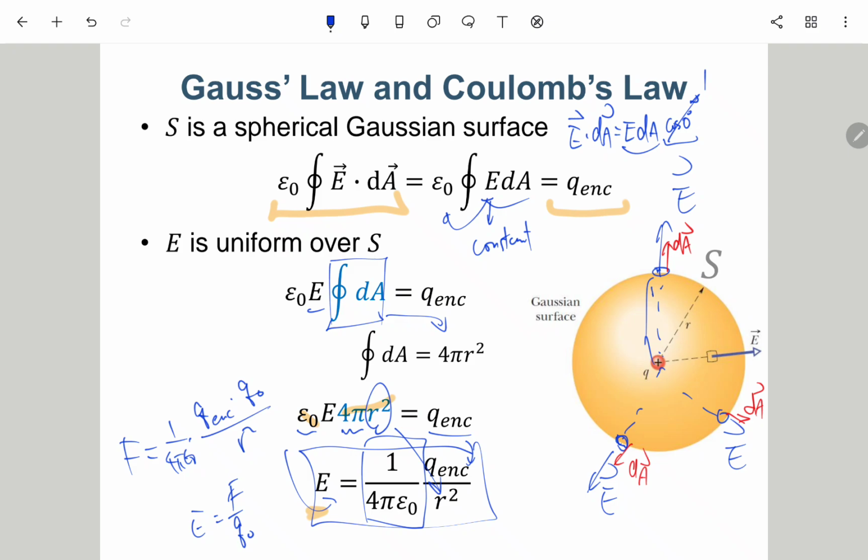So which means that if we have the Gauss law as the assumption, and we apply Gauss law for this situation, we can really get a result that is Coulomb's law. So we say the Gauss law and Coulomb's law are compatible with each other.